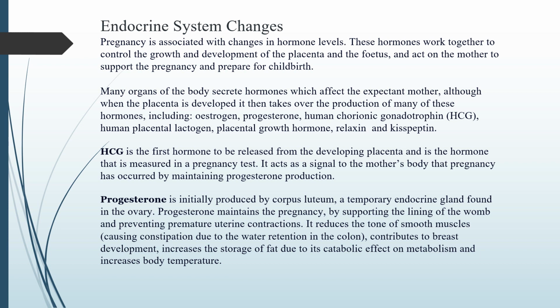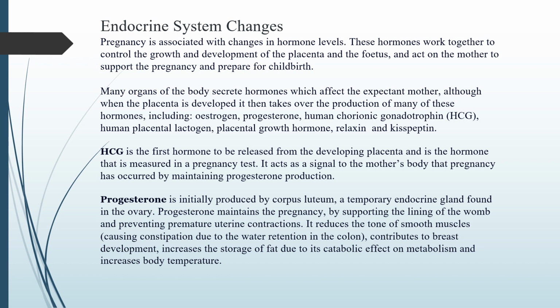Many organs of the body secrete hormones which affect the expectant mother, although when the placenta is developed it then takes over the production of many of these hormones, including estrogen, progesterone, human chorionic gonadotropin and human placental lactogen, placental growth hormone, relaxin and kisspeptin.